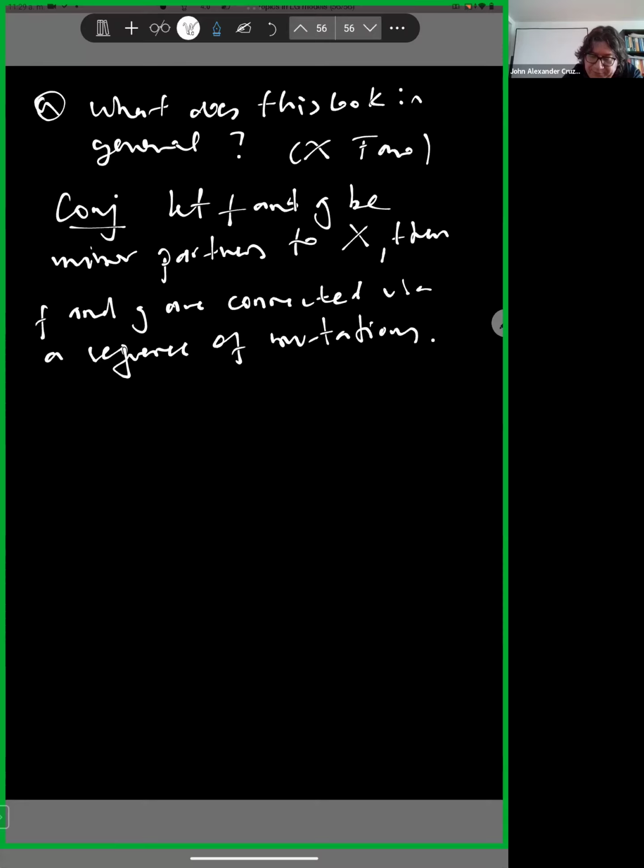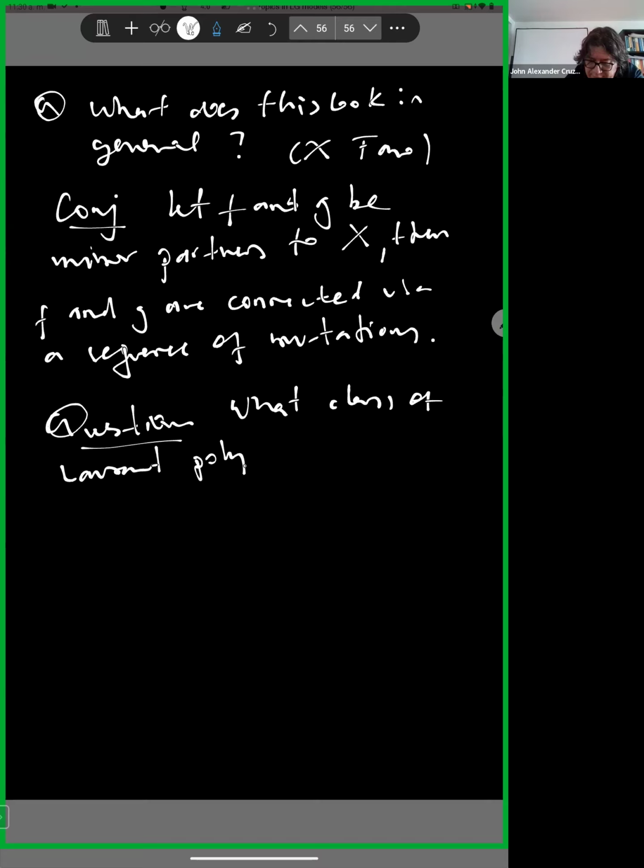Okay, but let me ask another question. Again, we have these Laurent polynomials that should be connected by mutation, but the question is what class of Laurent polynomials are mirror to Fano manifolds?